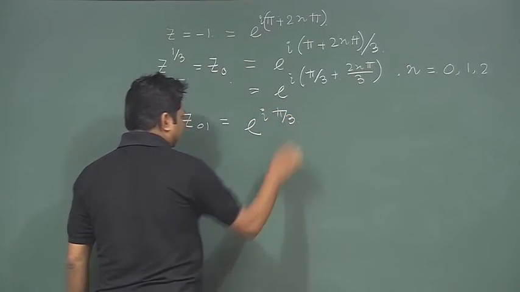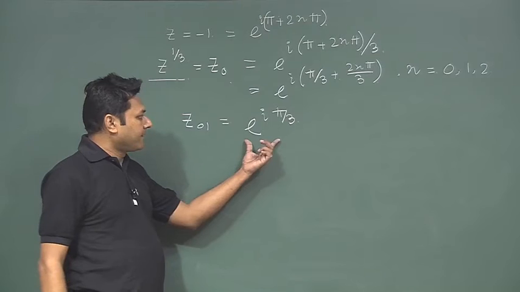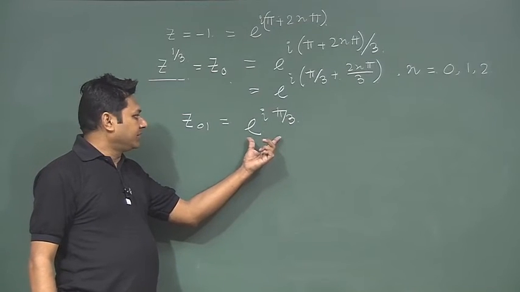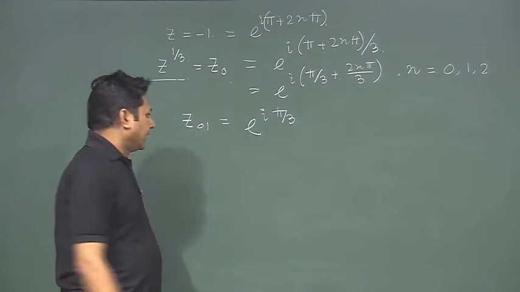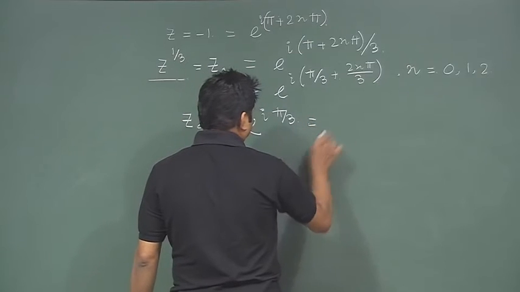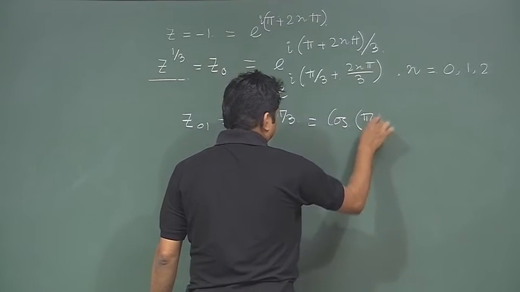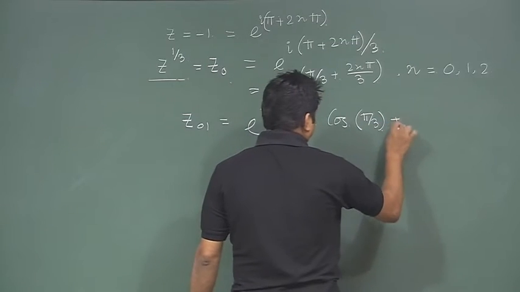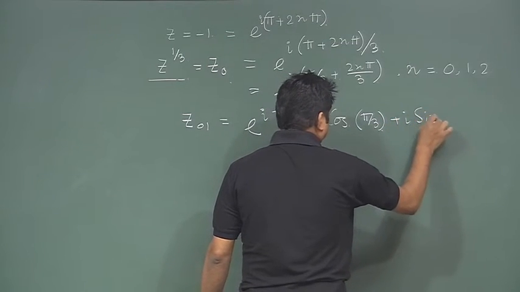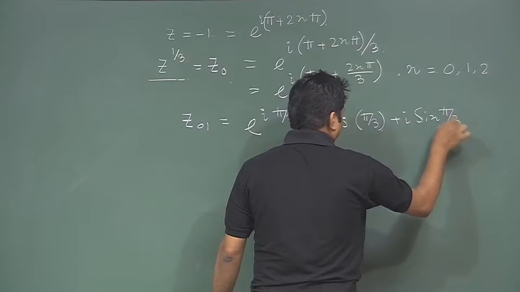This is my first root, I must say. So, it is cos pi by 3 plus I sin pi by 3.